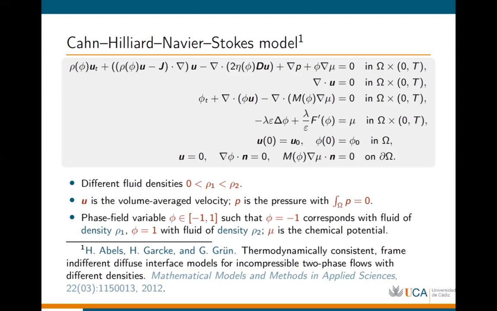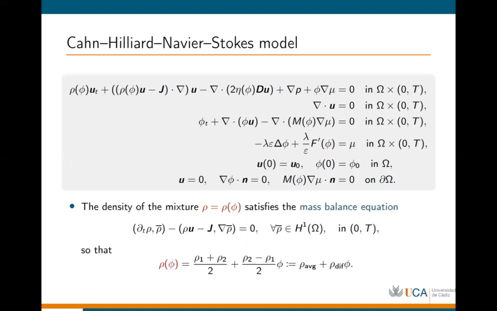And we have the chemical potential. Due to the different densities, we also have a variable density, which satisfies a mass balance equation but can be explicitly determined as a linear function of the phase field variable using the average and the difference between the densities of the two fluids.